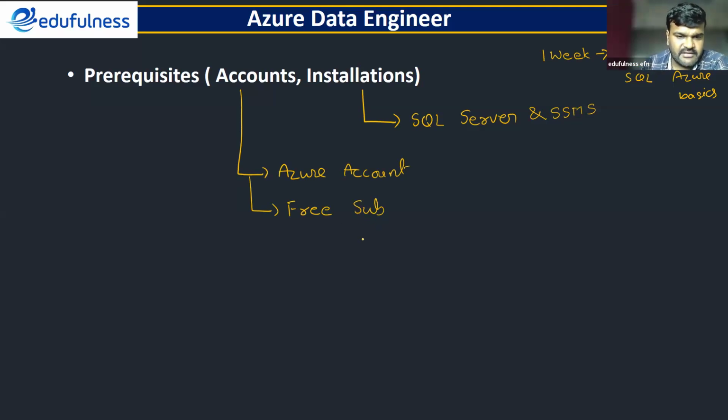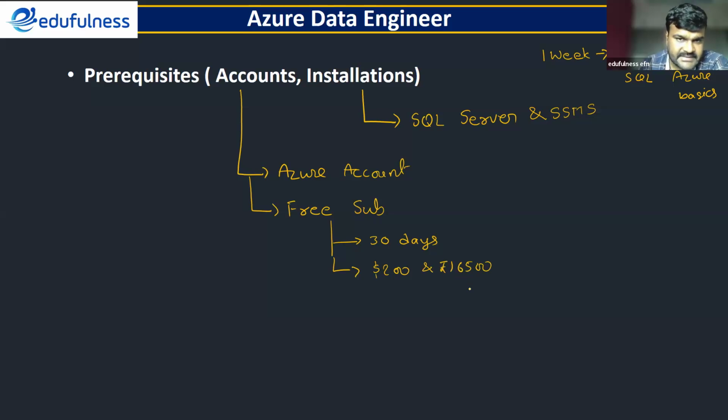You are going to have a free trial for 30 days, and you are going to have a $200 free credit, that means 16,500 rupees as free credit.